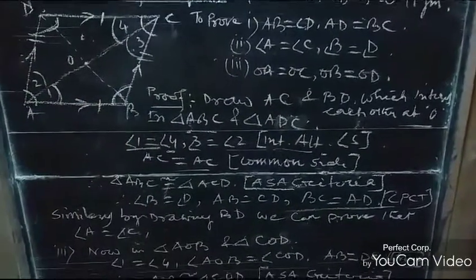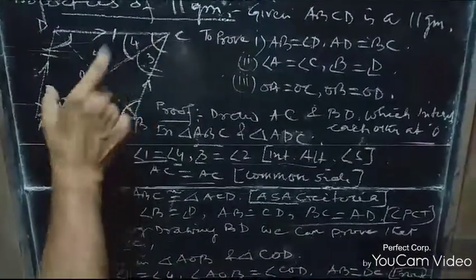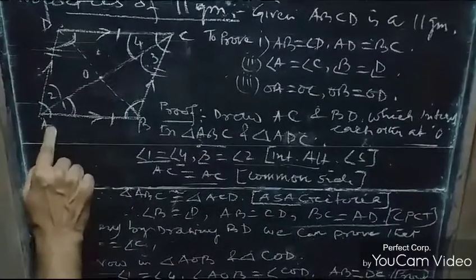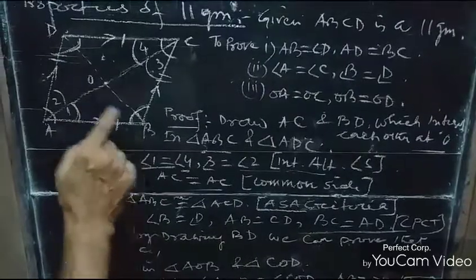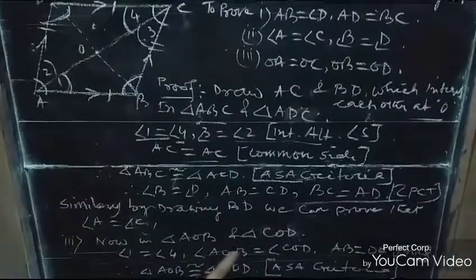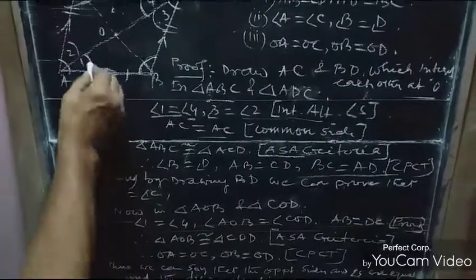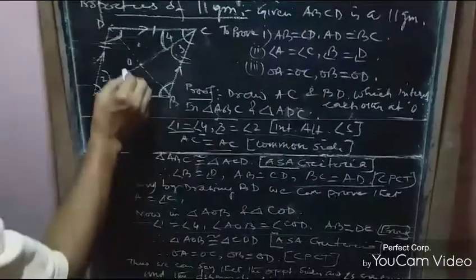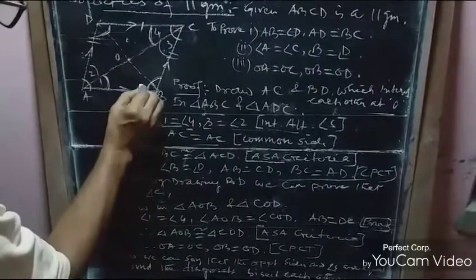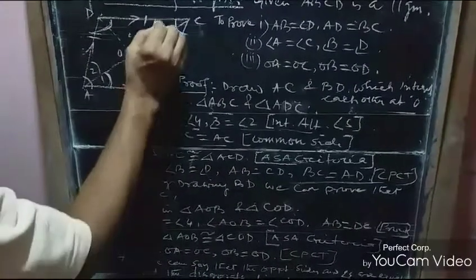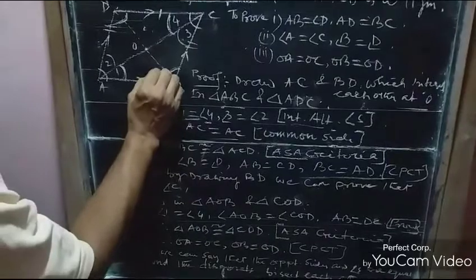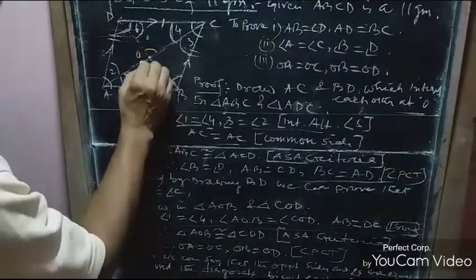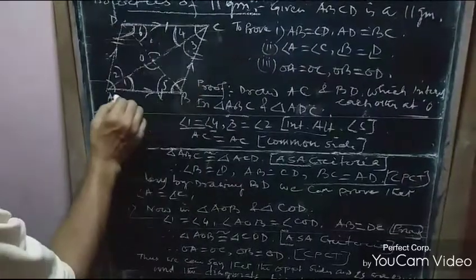Now we need to prove that the diagonals bisect each other at O. Take triangle AOB and triangle COD. In triangles AOB and COD, this angle equal to this angle, alternate angles, this is 5 and this is 6, and this angle equal to this angle is also vertically opposite angle, and this side equal to this side.